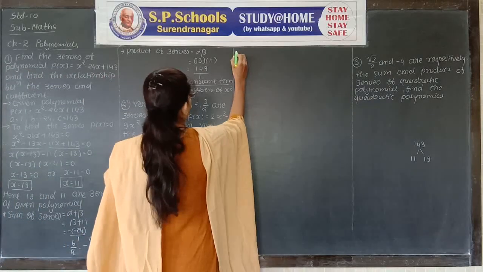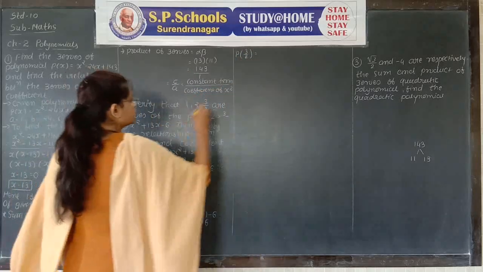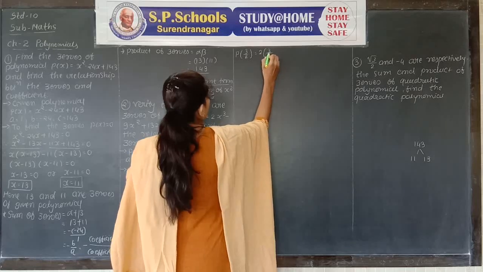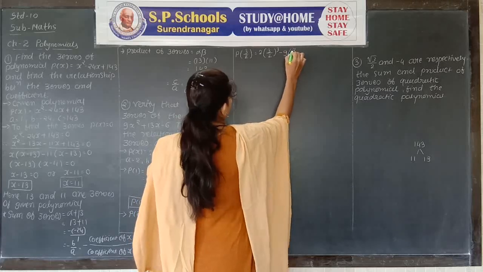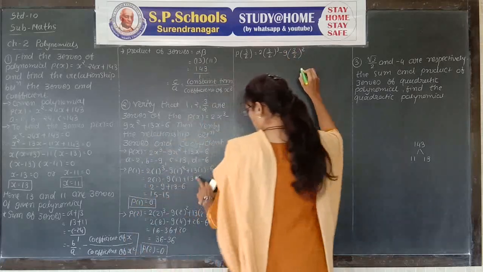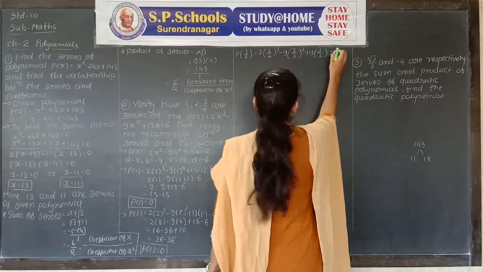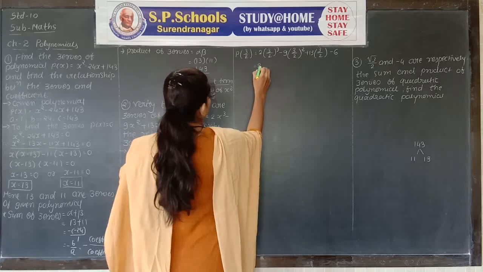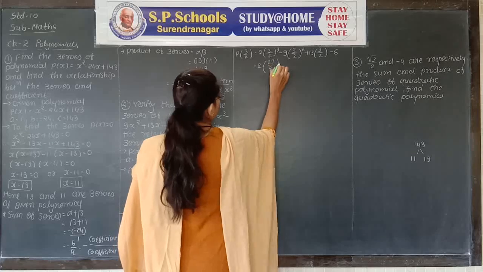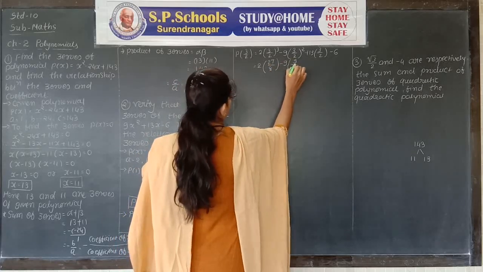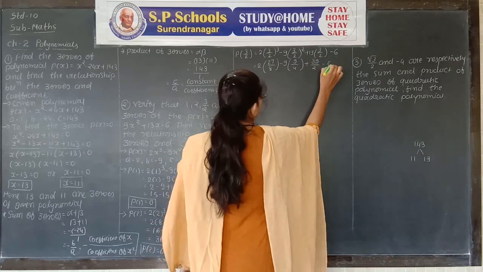Now we check for 3 upon 2. p of 3 upon 2 is equal to 2 times 3 upon 2 cube minus 9 times 3 upon 2 square plus 13 times 3 upon 2 minus 6. 3 cube is 27 upon 2 cube is 8; 3 square is 9 upon 4 plus 13 threes are 39 upon 2 minus 6.